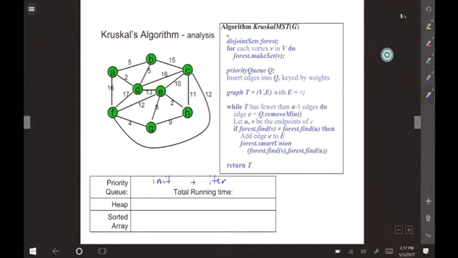Let's first look at the initialization. How long do you think it takes to set up n disjoint sets? Every vertex in its own set? Certainly no worse than big O of n, right?